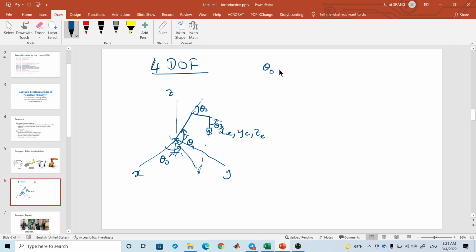So given the coordinates XE, YE, ZE, and another one, the angle with respect to the XY plane: if I draw another line parallel to this one, then this angle is called phi E, the orientation.